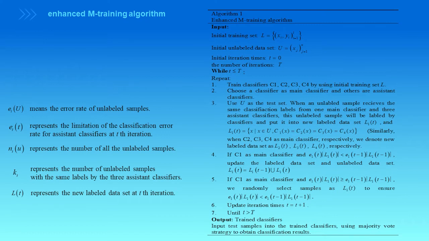But the original co-training algorithm ignores the diversity of classifier types, which cannot achieve excellent classification results when the number of labeled samples is limited at the initial stage. In order to improve the performance of the original co-training algorithm, the improved training algorithm with enhanced classifier diversity was proposed and has more promising results.